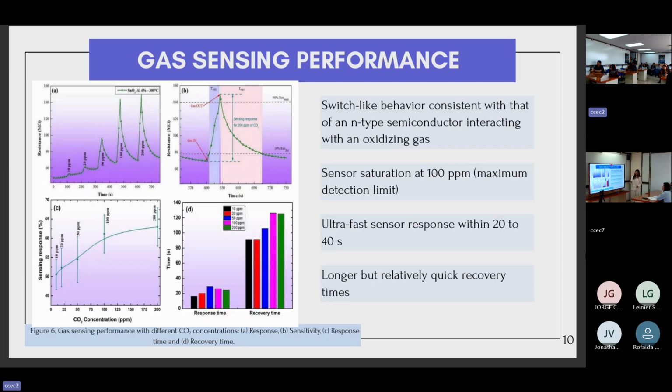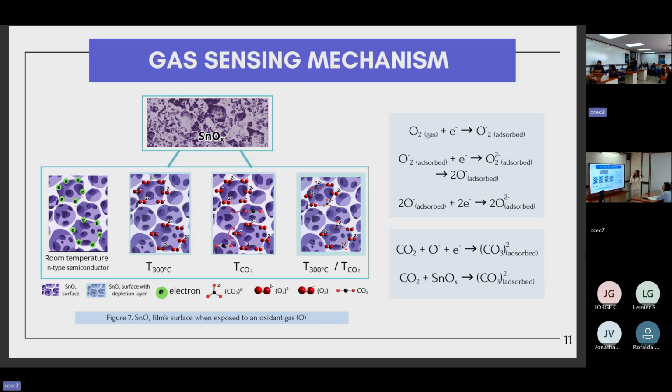And also, it has a longer but relatively quick recovery time. And this part here is the sensing mechanism of the carbon dioxide in our field. First, the oxygen of our tin oxide creates oxygen vacancies with energy.